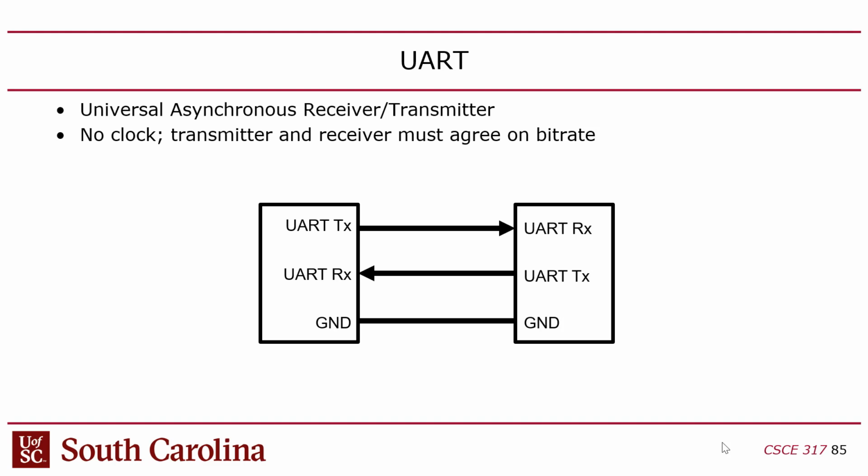But it's an asynchronous bus, so both sides have their own internal clocks that synchronize according to the baud rate, and they both have to agree on the baud rate. The downside is that UART is much slower than I squared C and SPI, which are faster protocols. But it's fast enough for dumping the log file out from Lab 4. That's the idea with UART.